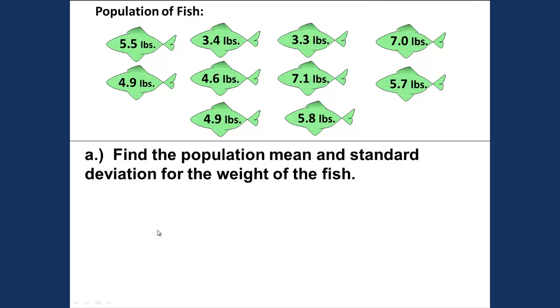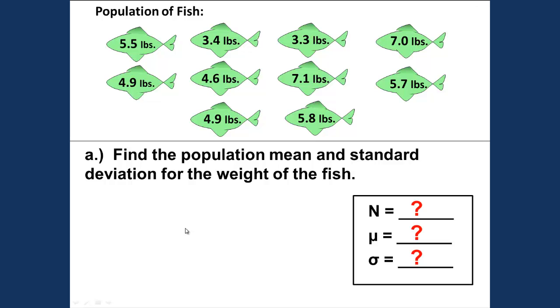Here we have a population of fish with their weights. Their weights are in pounds and are indicated on each fish. We're asked to find the population mean and standard deviation for the weights of the fish. We will need to find N, mu, and sigma.